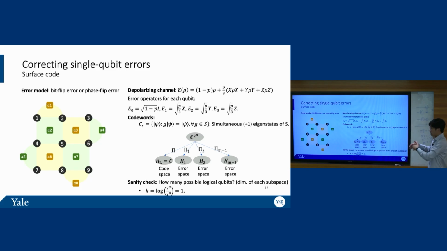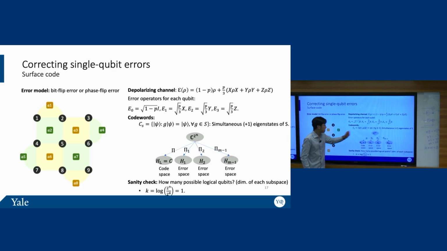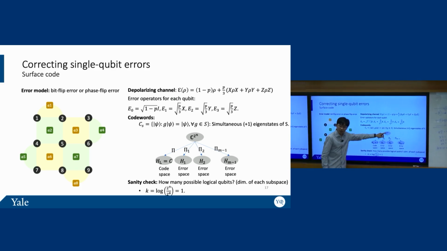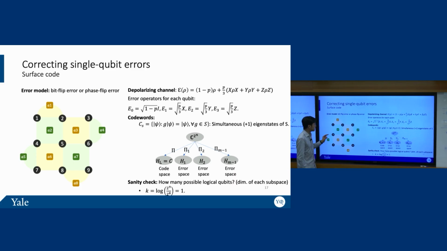Something I wanted to illustrate now is, how do you know what the dimension of the logical space defined by this code word space is? Okay, so something we can check is the simple dimensionality check. In the case of physical qubits, I started with 9 physical qubits, and the entire Hilbert space has dimension 2 to the n for the 9 physical qubits.